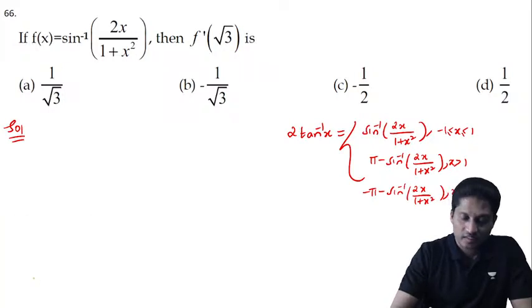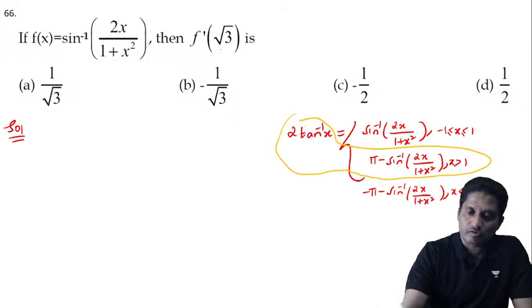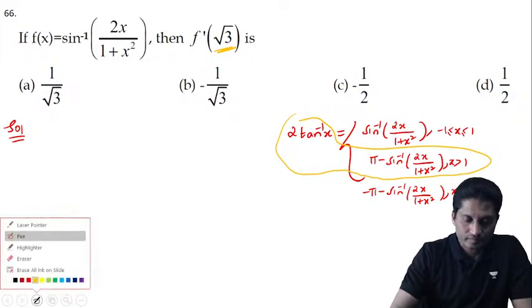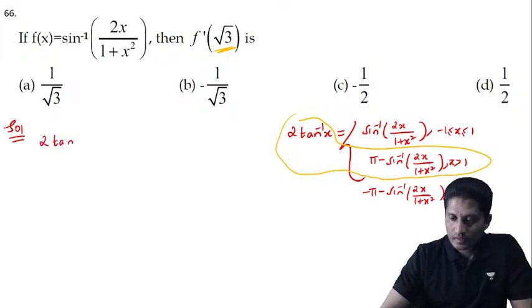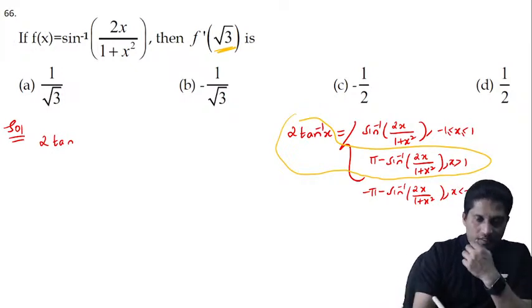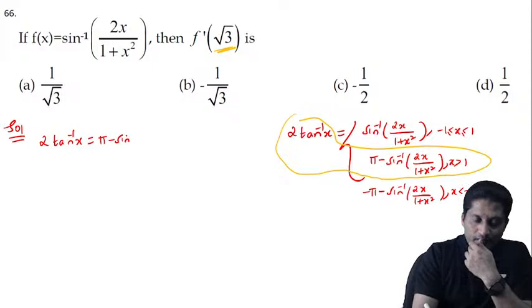So if I use this result, if x is more than 1, because root 3 is more than 1, 2 tan inverse of x is equal to pi minus sine inverse of 2x divided by 1 plus x square if x is more than 1.